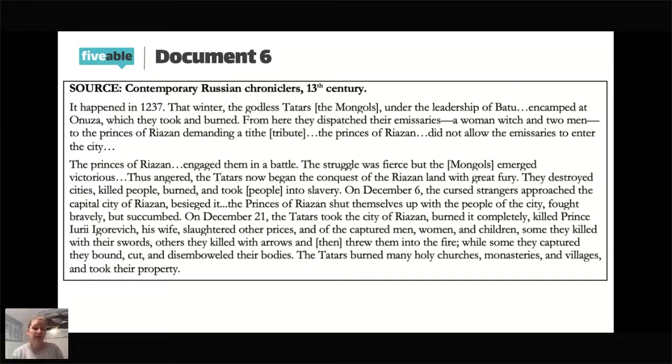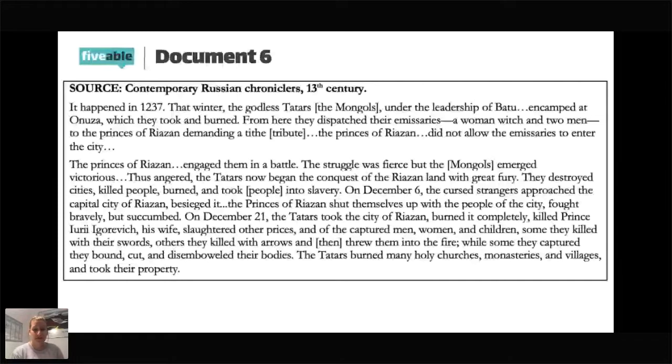You can explain that in this source, the purpose is to elevate the view of those Russian princes who fought bravely against the Mongols, to make the Mongols look bad, because they burned cities, they disemboweled people, and in these Russian chronicles, wanting to make the history of that time one in which Mongol rule was negative.